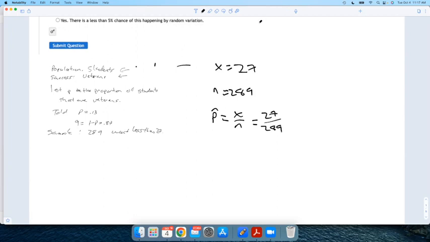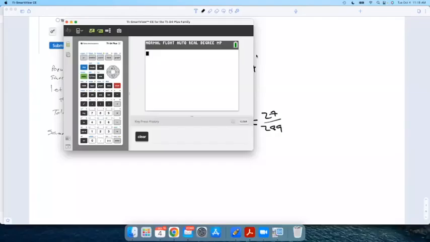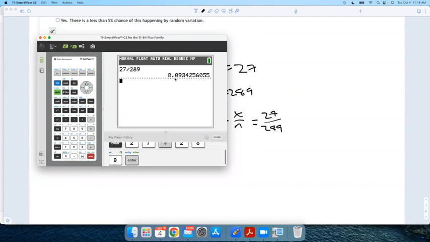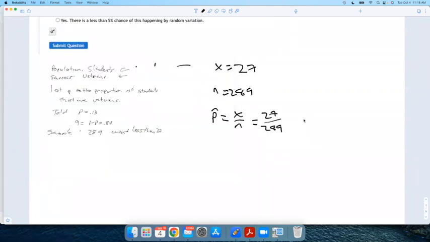Let me get my calculator. Okay, so 27 out of 289. That's 0.093. So that's much smaller than 0.13. That means my sample failure rate, 1 minus P hat.